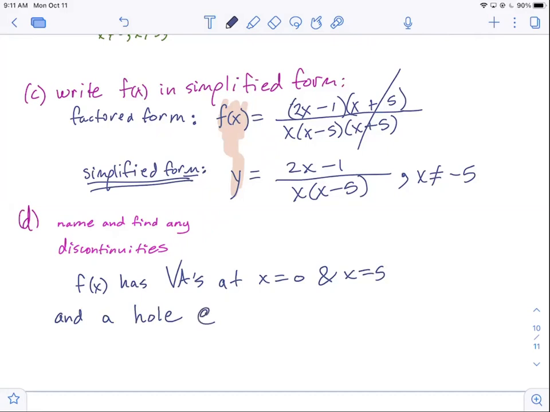And a hole at, now we list the hole as a coordinate. It's at -5, comma, and then how do we find the y value at the hole? Plug in the x value, -5. Plug it into which equation, f or y? The simplified form.